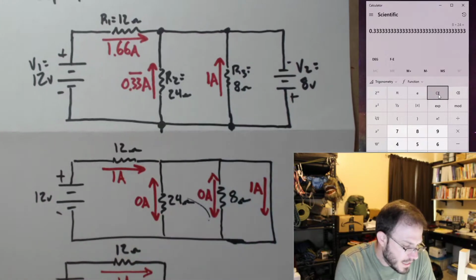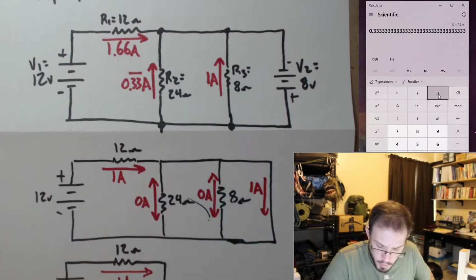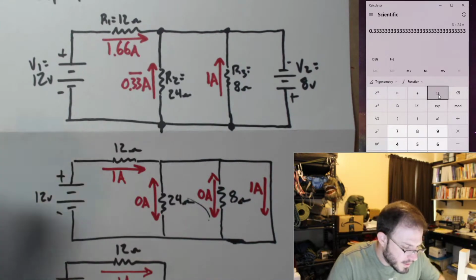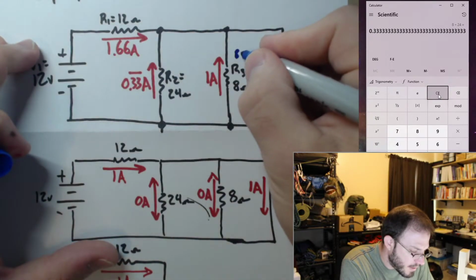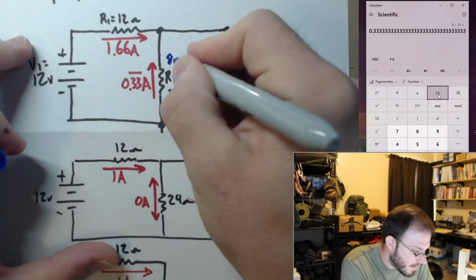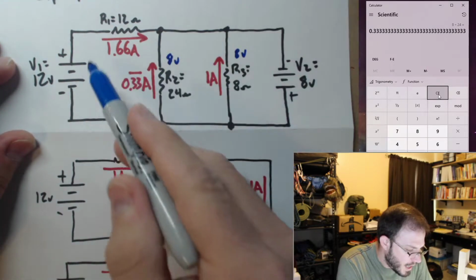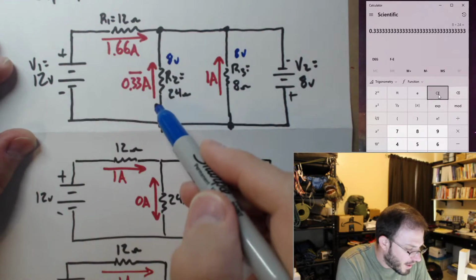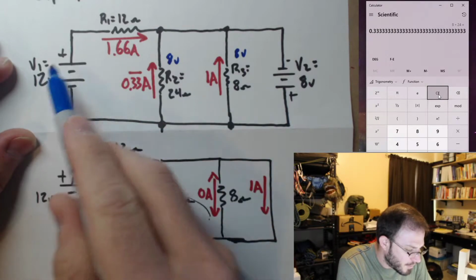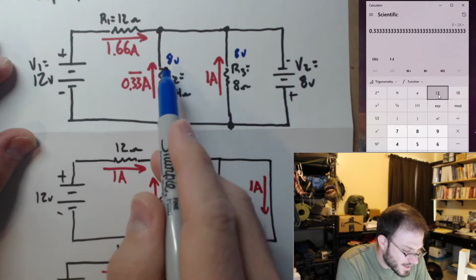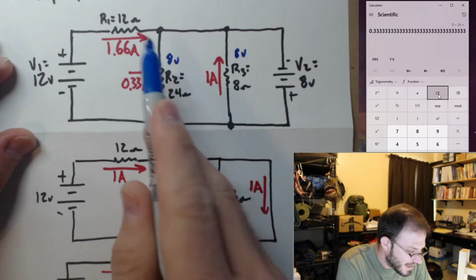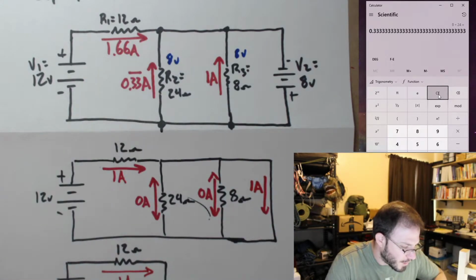So this is the end result. If you wanted to further solve this, obviously this is going to have 8 volts across it, and this is going to have 8 volts across it. And over here, if I look at KVL, I should get 12 volts minus 8 volts across the 12 ohms.